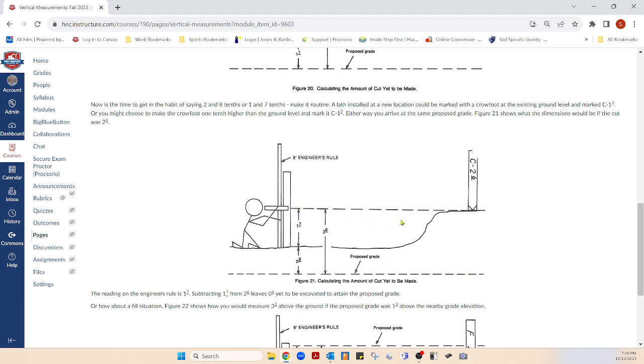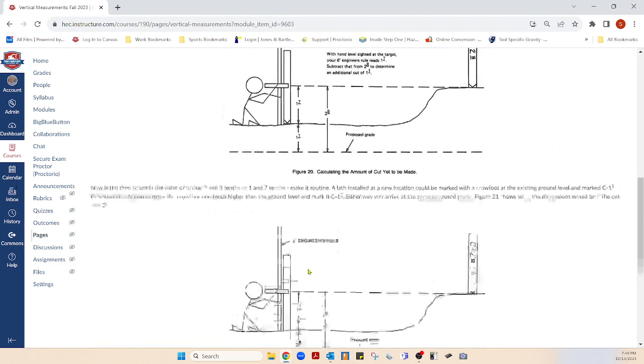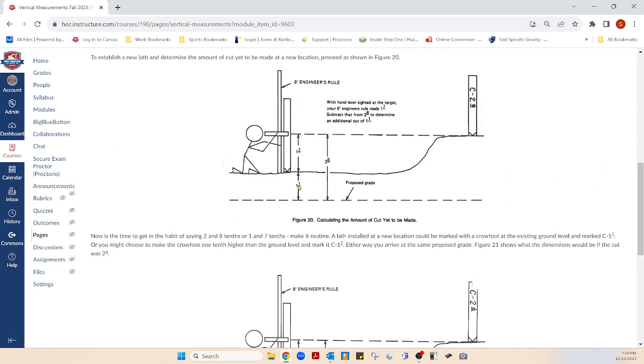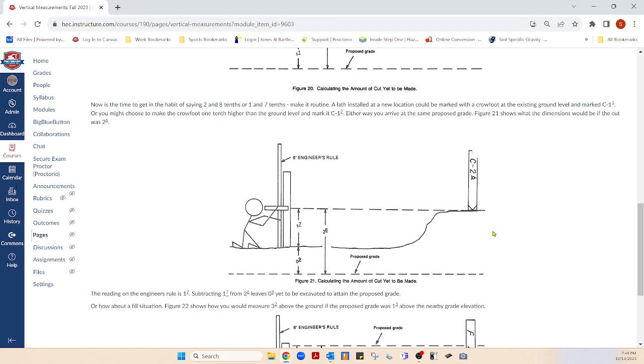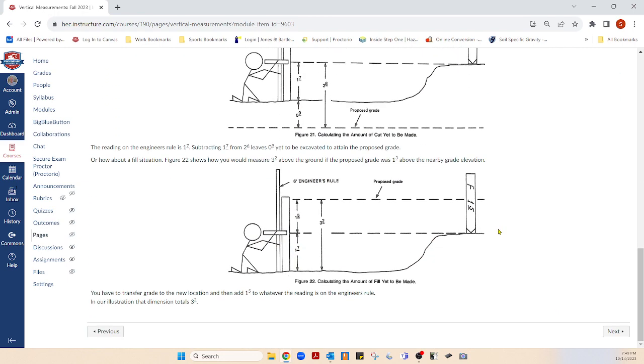Again, this is line of sight, these dashes. This is proposed grade. So in this case, it would be an addition. He's got to go down. In the other case, it was the same thing, 1 1/10, put him at 2 8/10, because that was the cut. So let's try one more.